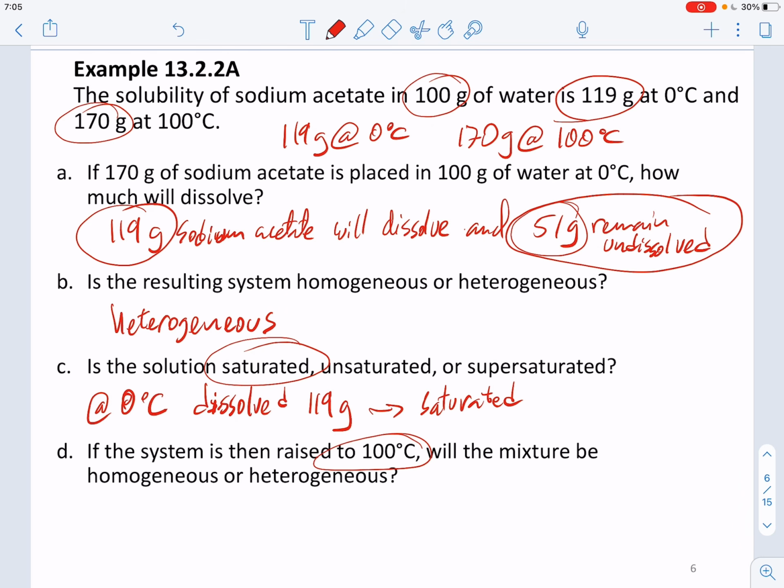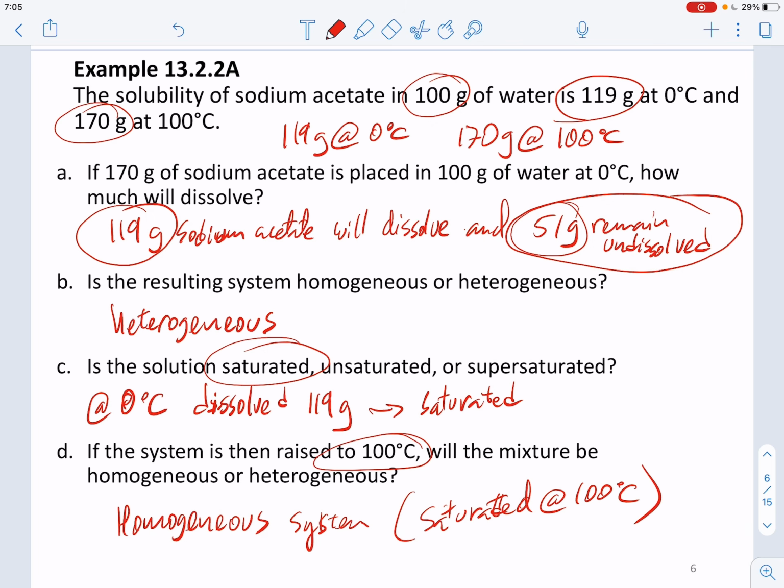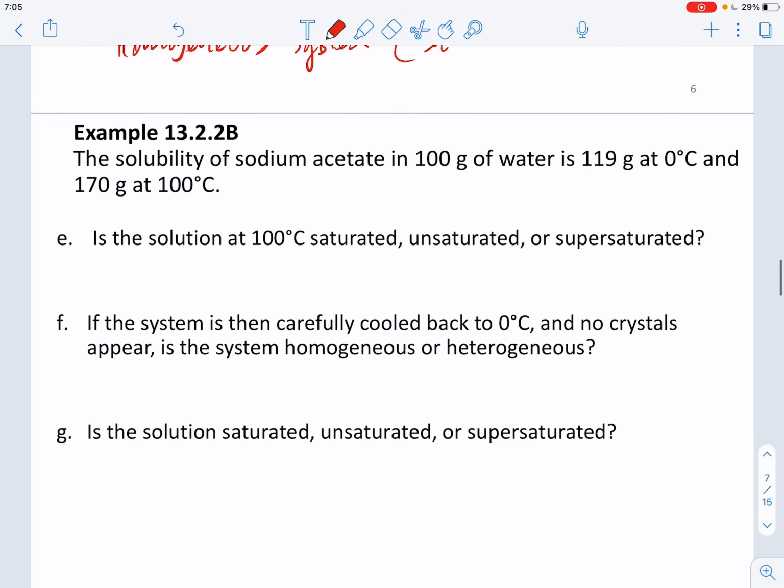If that's what you had at the beginning, then you end up with a homogeneous system, because the solid that was initially undissolved now at a higher temperature will dissolve, and now you are saturated at 100 degrees.